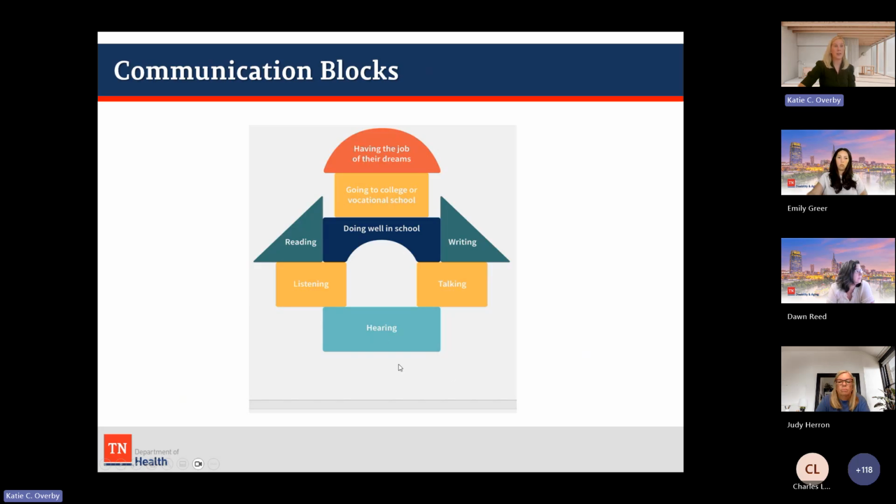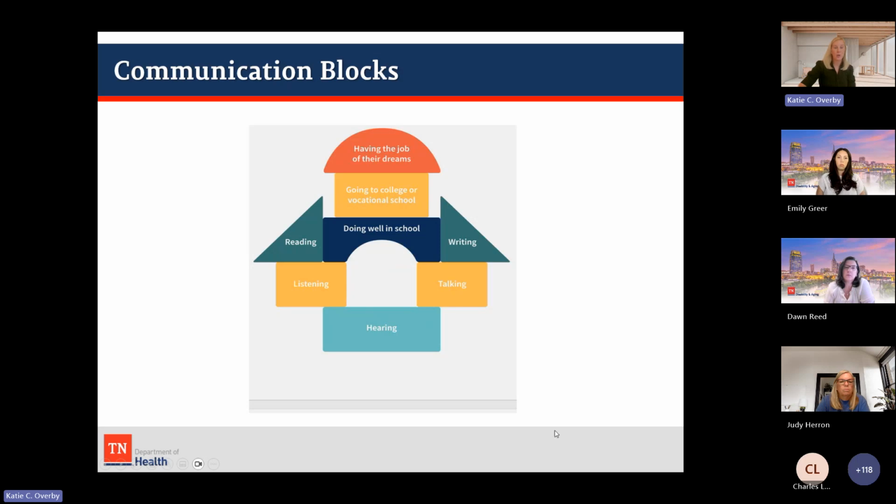And I love this picture of this little building block thing, because I think it's so important about hearing. And even if we took an edge off of the hearing, like just took a little corner off of it, one of the sides would kind of start to tip.